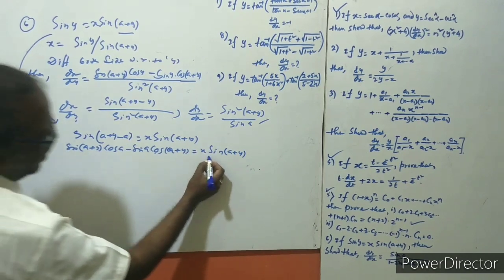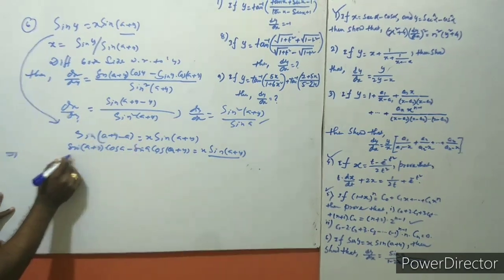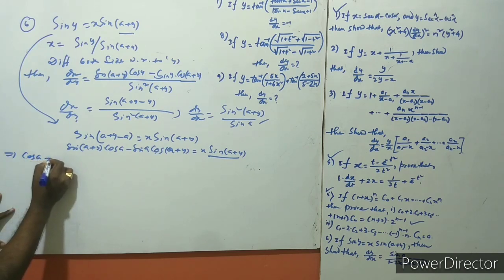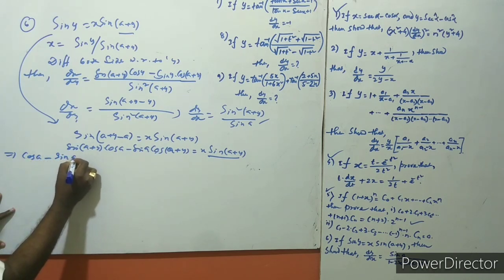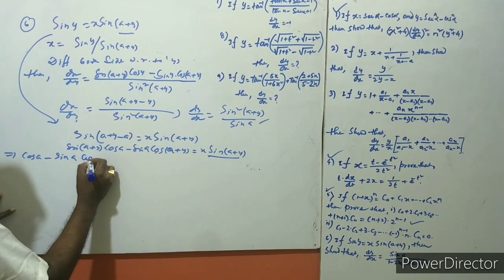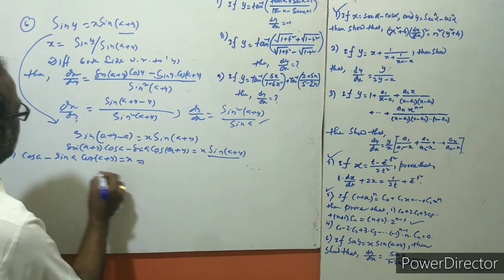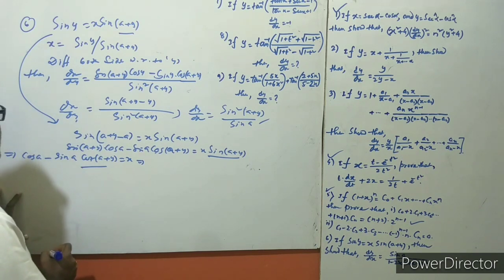Again, dividing by sin (a plus y) on both sides, then here is 1 and we get cos a, and this is sin a, cos by sin, this is cot of (a plus y), and this is x.